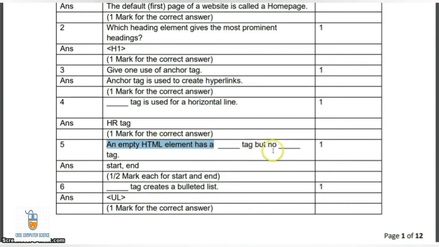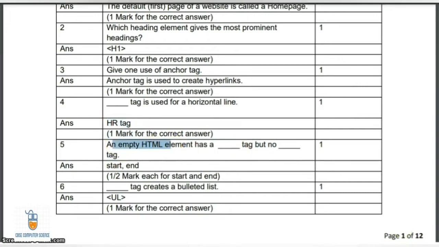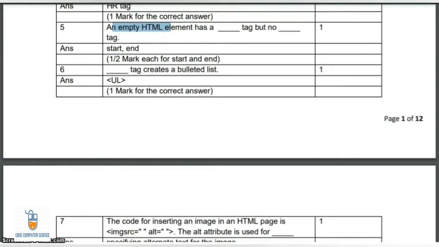When we see the definition of empty and container tags, we understand that empty elements have a starting tag but do not have any ending tag. So there is an on tag but no off tag. You can fill in either starting and ending tag or on and off tag. Both would be accepted.